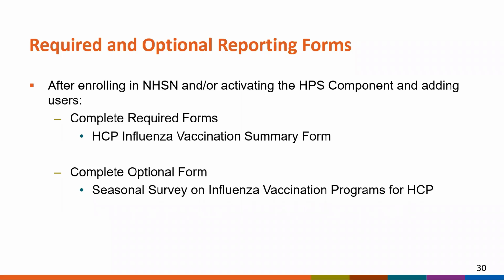The survey aims to gather information on influenza vaccination programs for healthcare personnel by collecting data on types of personnel groups that are included in a facility's annual influenza vaccination campaign, methods a facility is using to deliver influenza vaccine to its healthcare personnel, and strategies a facility uses to promote and enhance healthcare personnel influenza vaccination.